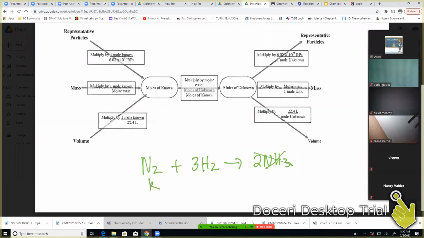This is my known. This is my unknown. My known is given to me in moles. It says I have 2.5 moles. And I want to figure out how many grams of my unknown. So this is a mole to gram problem. So since my known is in moles, I want to start right here.